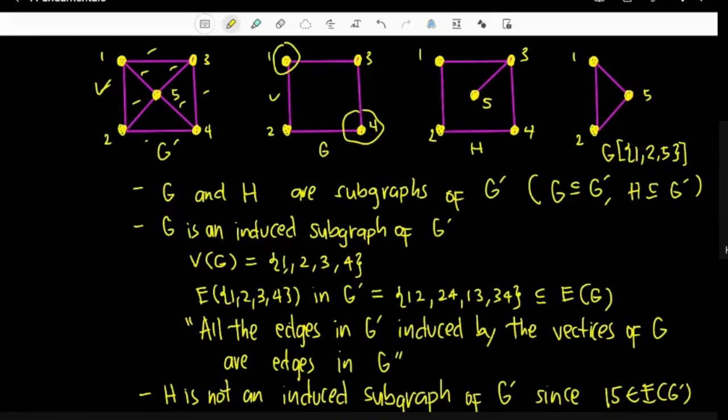Alin yon? For example, 2, 5. 2, 5 are two different points in H. Meron kang 2, meron kang 5. So, pag tinignan mo siya sa G prime, merong edge yung 2, 5. Pero walang edge sa H na 2, 5. So, hindi induced subgraph yung H.